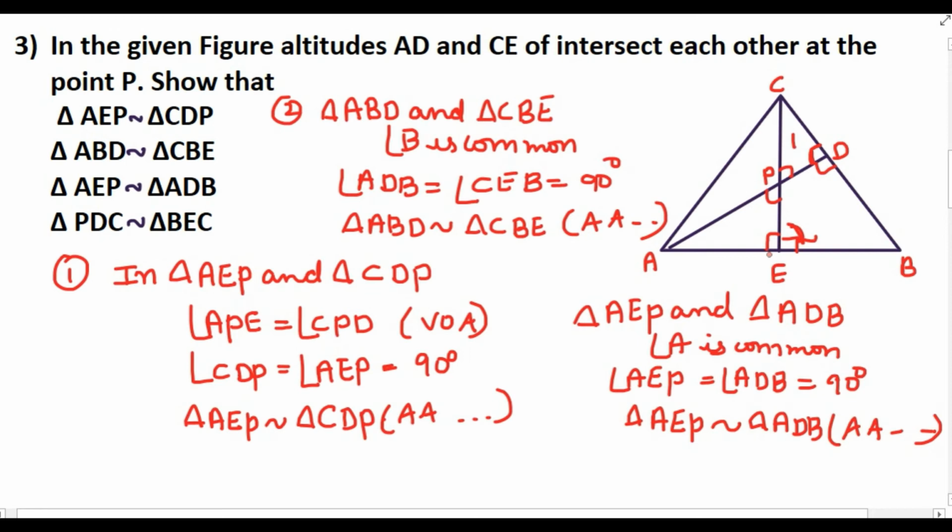Again, these two triangles are similar by AA similarity criteria. So one common angle and one 90 degree or vertically opposite angle according to the question. If two angles are equal, corresponding angles are equal, then the sides will be proportional, and hence those two triangles will be similar.